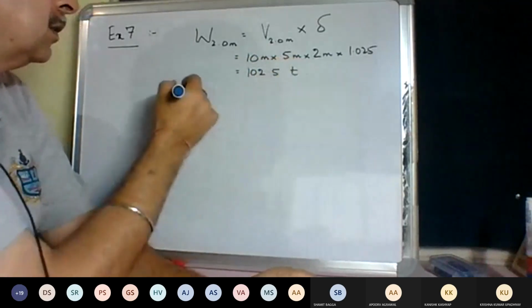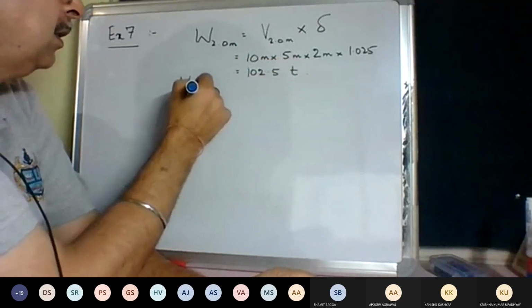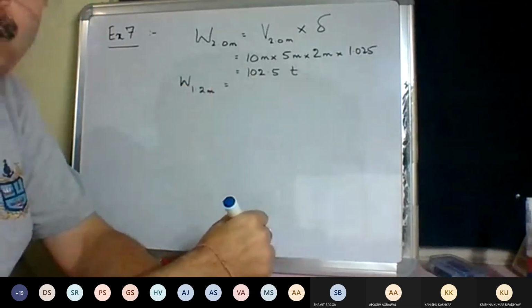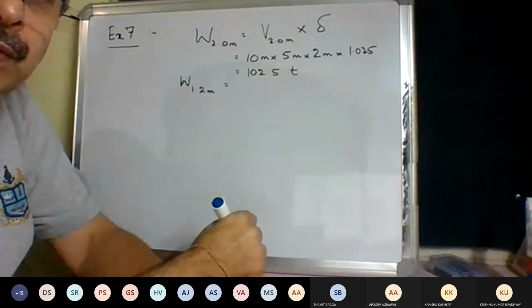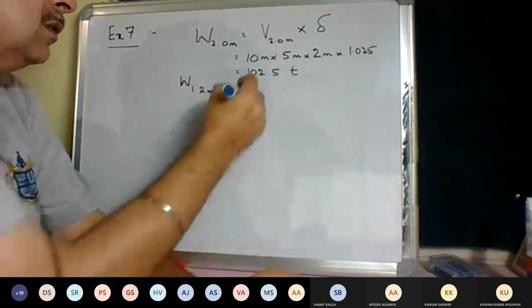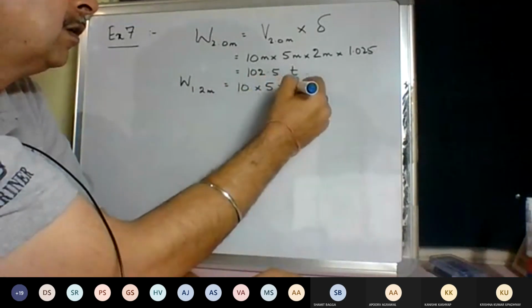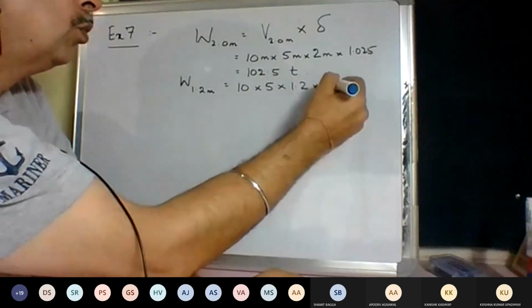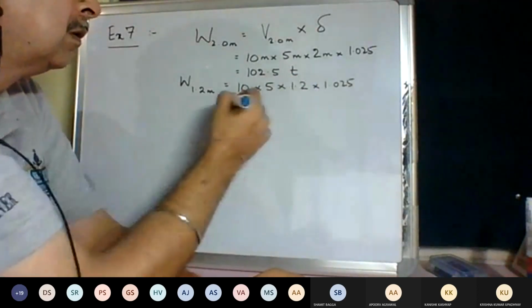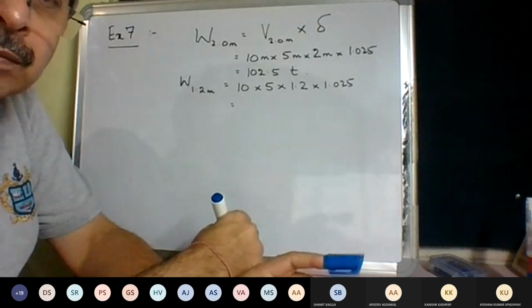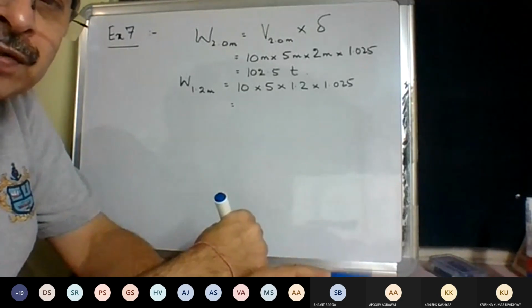So that comes as equal to 102.5 tons. And similarly, the displacement for 1.2 meters draft will be 10 by 5 by 1.2. That will be equal to 61.5 tons.